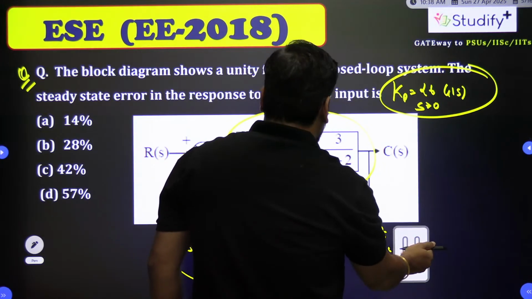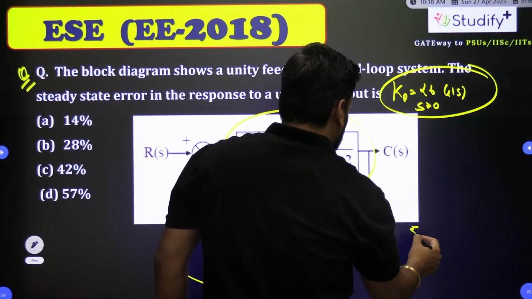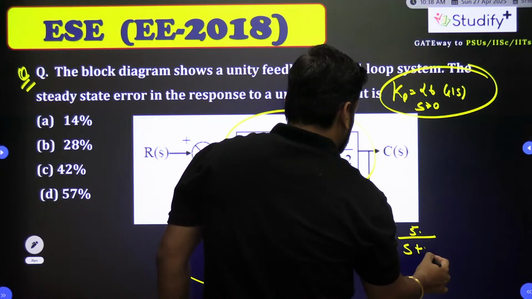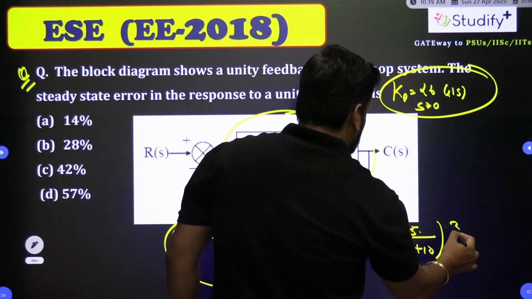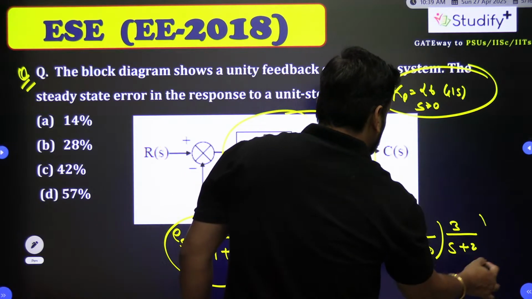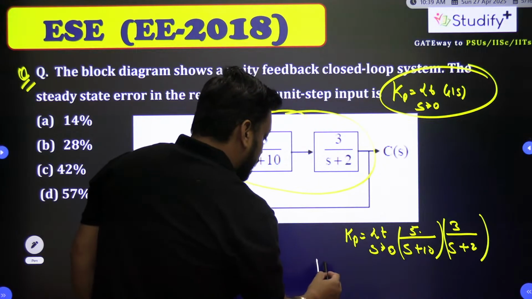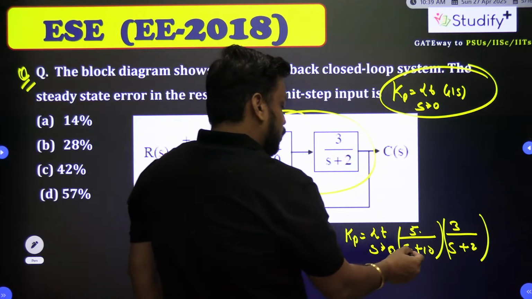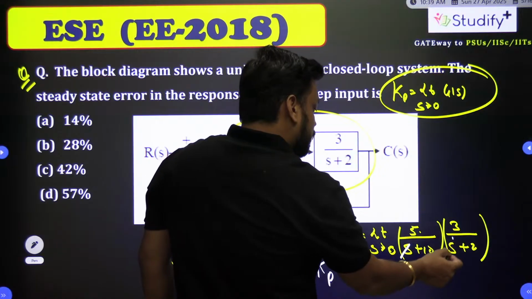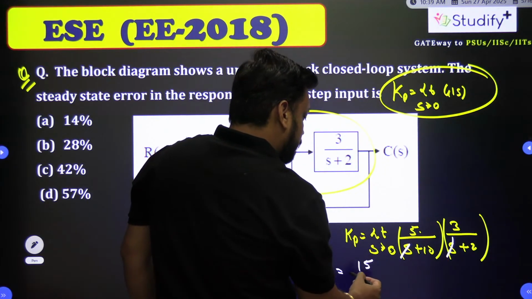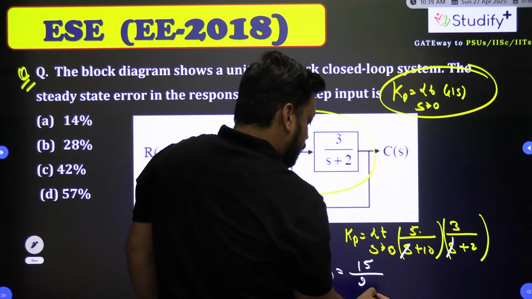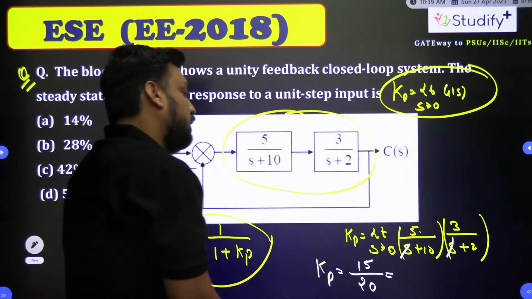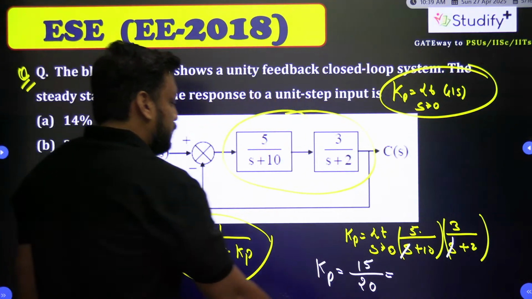Limit s tends to 0, this entire value you need to put. So it will be 5 upon s plus 10, and here you will get 3 upon s plus 2. When you put the limit s tends to 0, don't you think this is 0, this is 0? So this will be 5 3 is 15 and 10 2 is 20 only. So it will be 3 by 4.